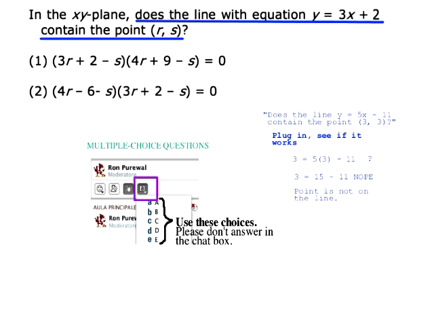So that's what we have to do here. In other words, you just plug this in and see if it works. You plug R in for X, and you plug S in for Y. So you basically just have: is S equal to 3R plus 2?